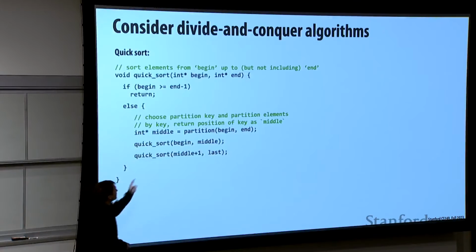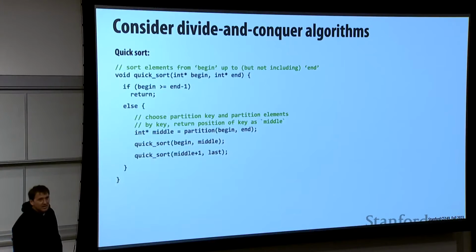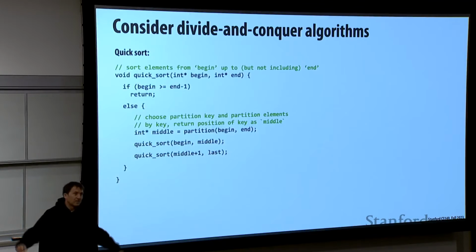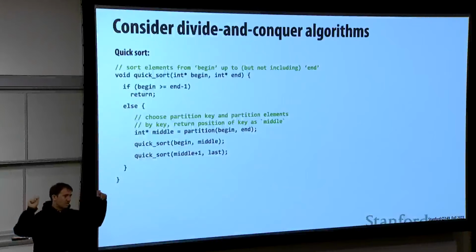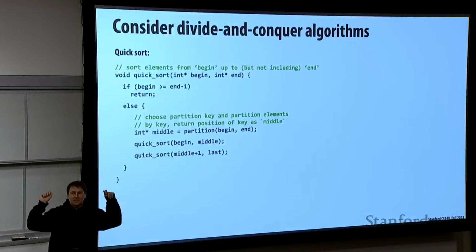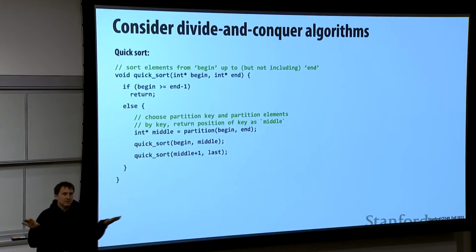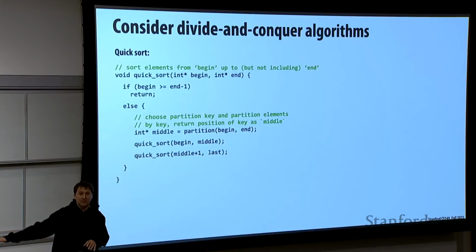would be given an array, I want to sort it, and I sort it in a divide and conquer way. And the summary of Quicksort, remember, is I pick some element in that array, the details of which matter for its asymptotic complexity, but for the sake of this class, pick some element of the array at random, or even pick the first one. And then I'm going to partition. I'm going to move all the elements less than that value to one side of the array, move all the elements above that value to the other side of the array, and then I'm going to recurse.